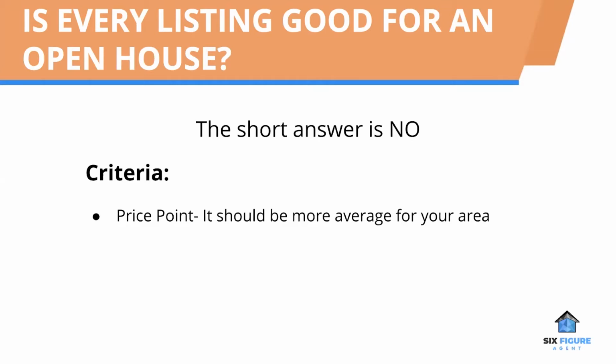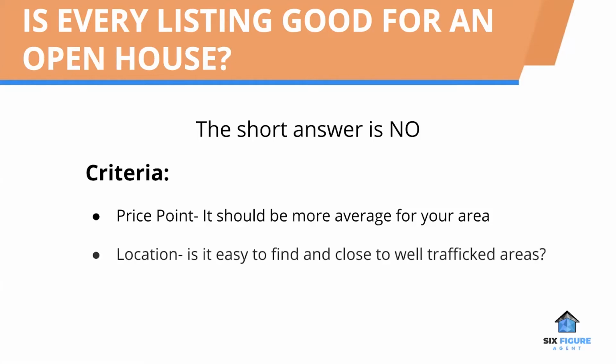Well, you don't want to do open houses because you don't want to generate leads on lower priced homes. The idea is to increase your average sales price, of course, but also you're not going to get the amount of traffic that you might want to get because it's just not in an area that's typically going to generate good open house traffic. You're looking just for the average or the median priced home in your area.